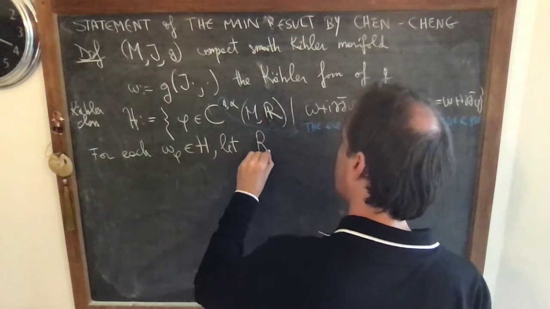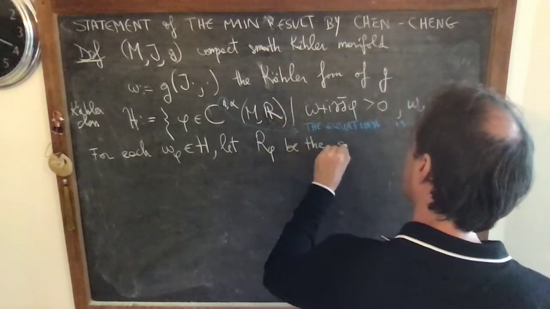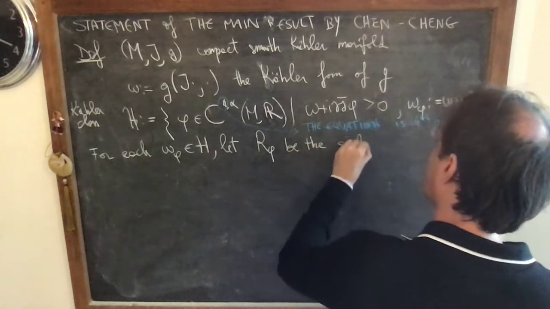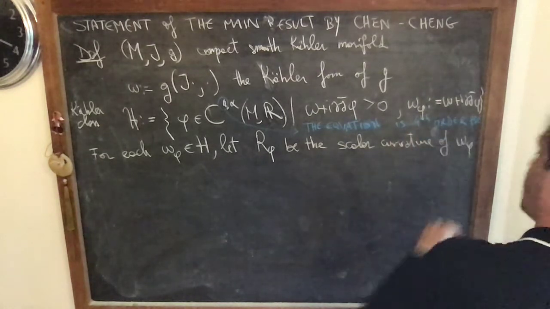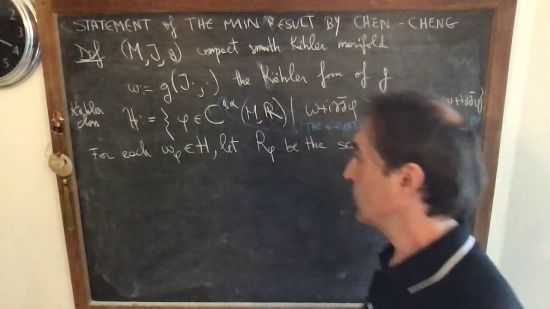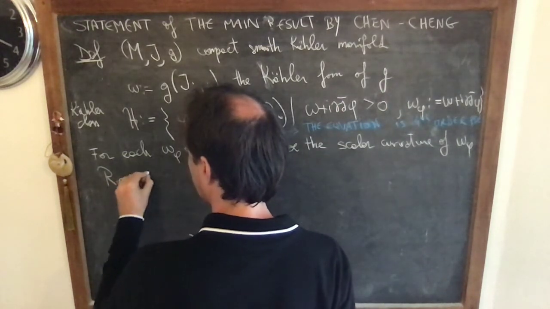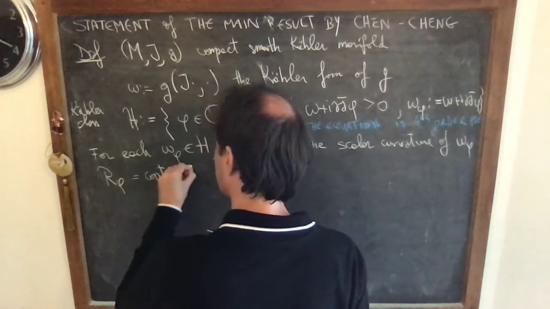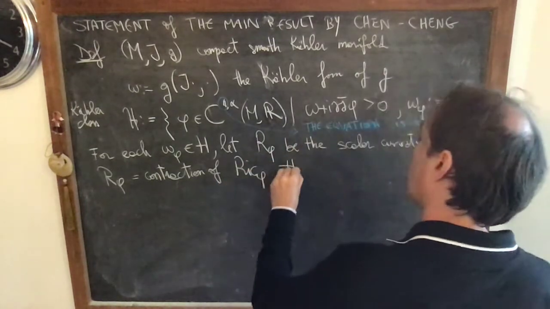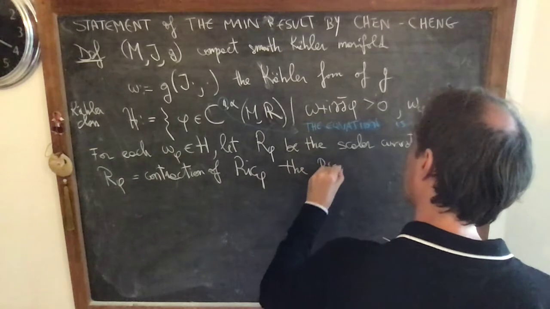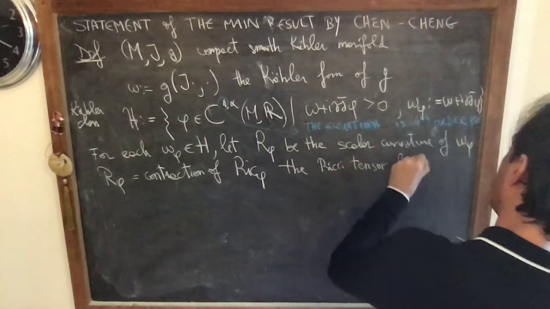Let capital R of phi be the scalar curvature of omega_phi, so the contraction of the Ricci tensor of omega_phi.